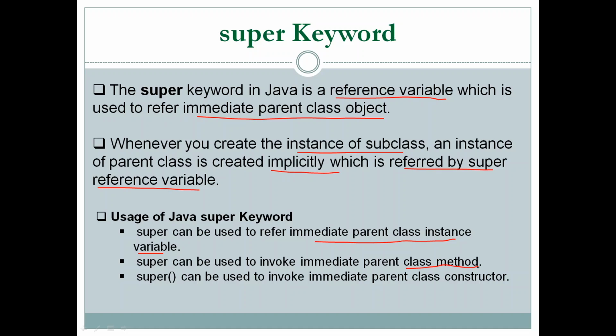Parent class methods can be invoked, called, by using the super keyword, and even super can be used to invoke the immediate parent class constructor. To invoke the constructor of a parent class also we can use the super keyword. To understand this in a better way, let us look at one example based on the super keyword.